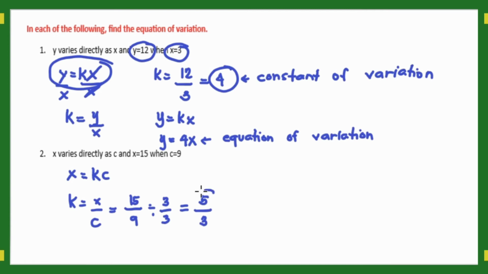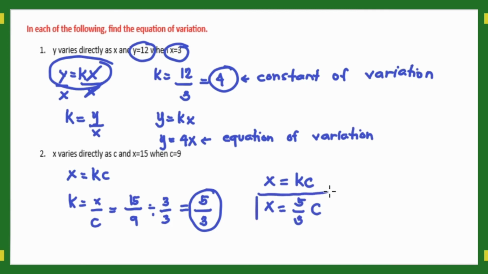So, ang constant of variation natin is 5 over 3. So, the equation of variation is x is equal to kc, which is x is equal to 5 over 3 times c. So, this is the equation of variation.